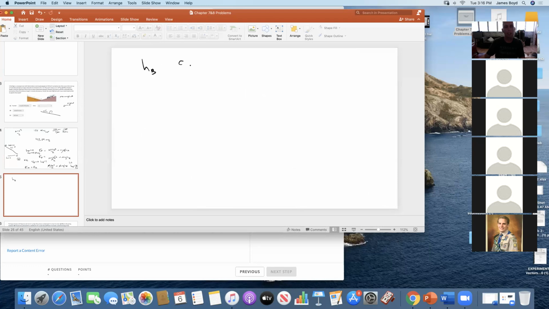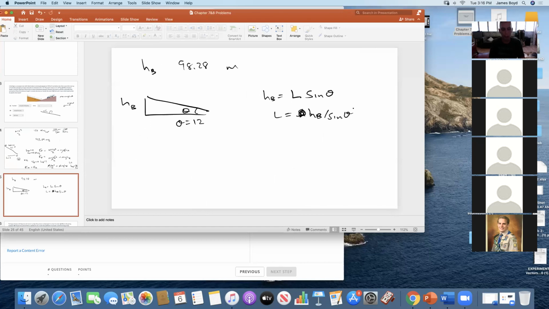So HB is 98.28 meters, but we need L. And if HB is that and this angle is 12, then we know that HB is equal to the hypotenuse L sine theta, or L is HB divided by sine theta, which means 98.28 divided by sine of 12 is 472.7 meters in length.